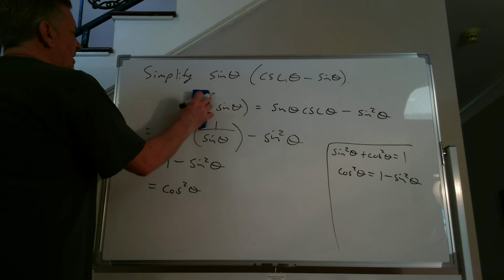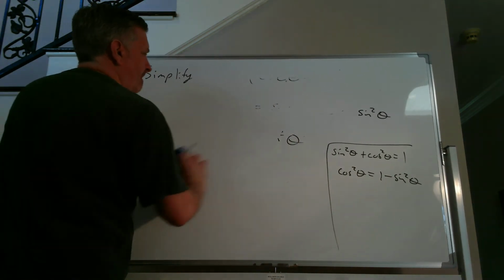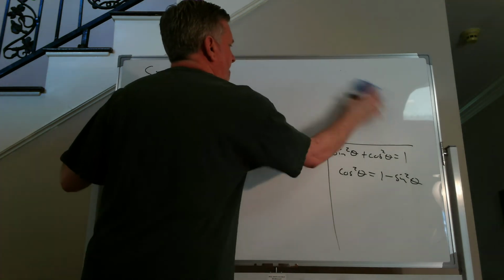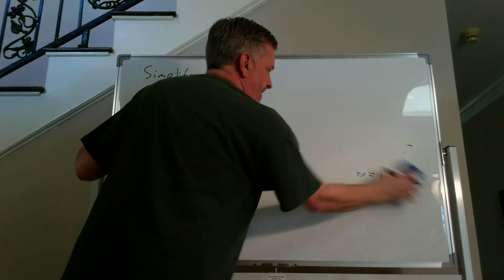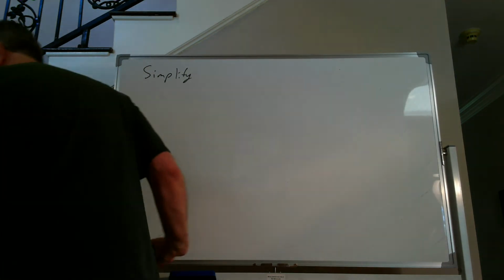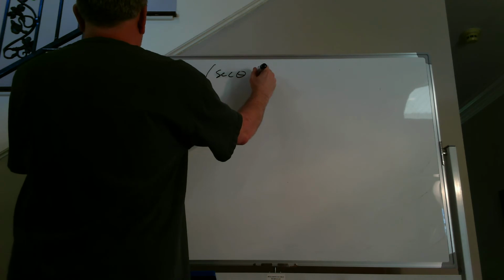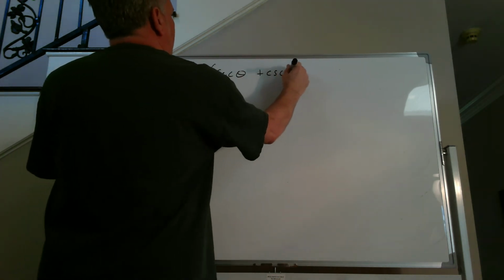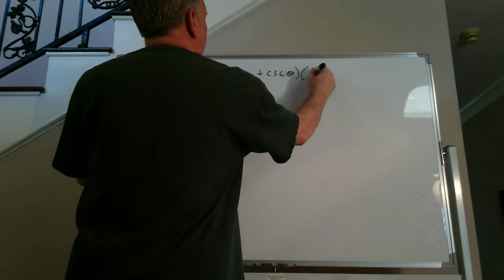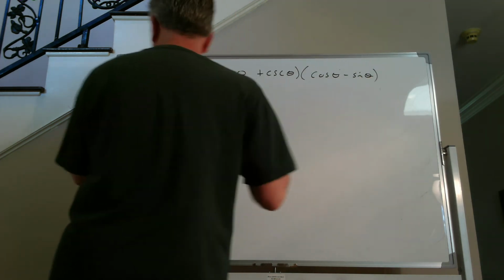Okay, the next one is similar. It says simplify secant theta plus cosecant theta times cosine theta minus sine theta.